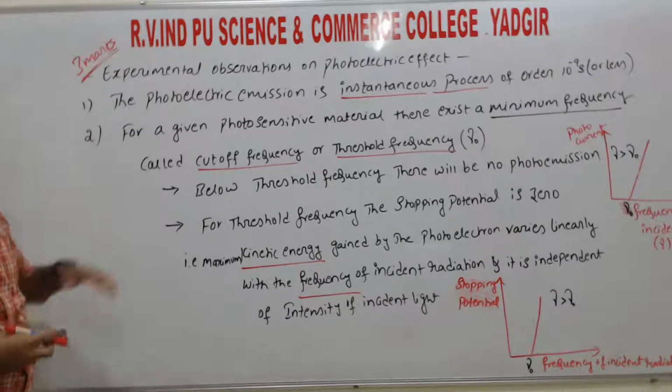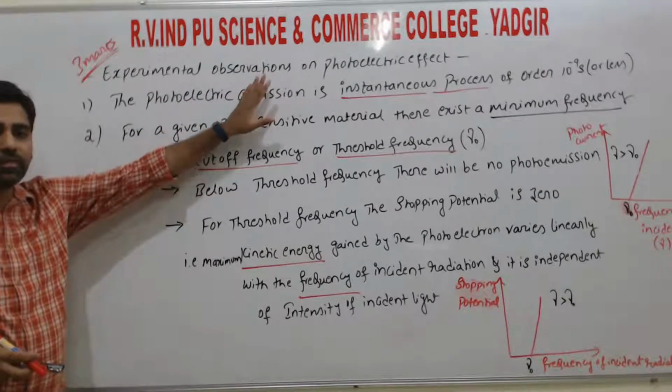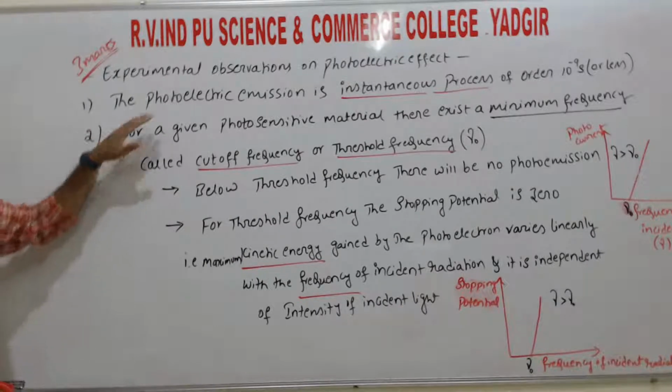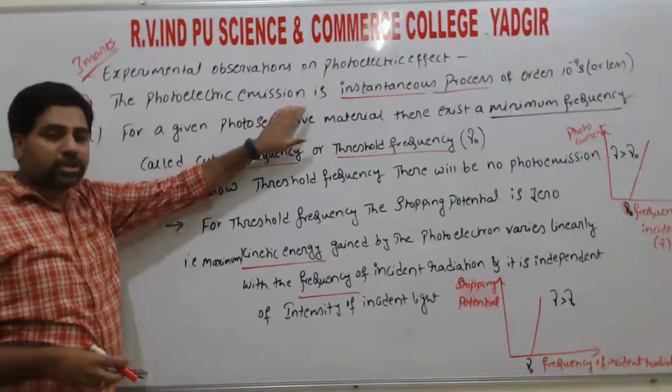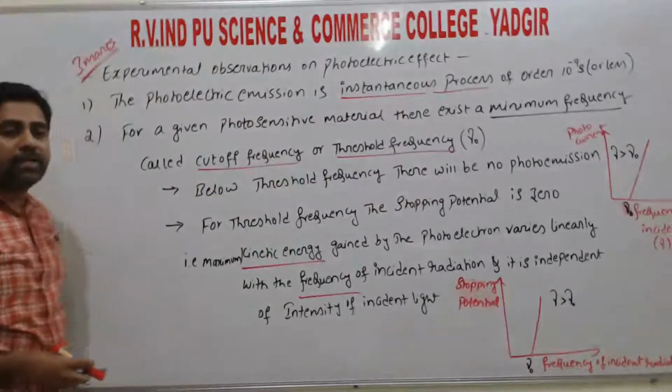So if the question asks to write the experimental observations of photoelectric effect, you have to mention these points, right? The first point is the photoelectric emission is an instantaneous process of the order of 10 to the power of -9 seconds.